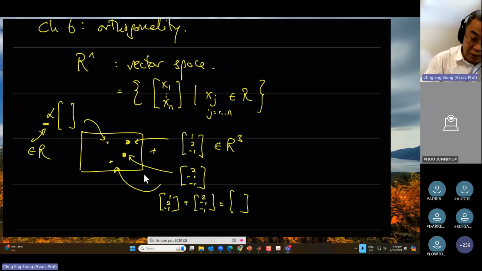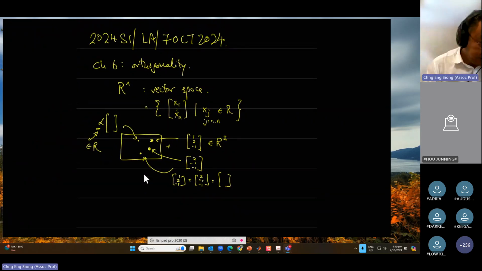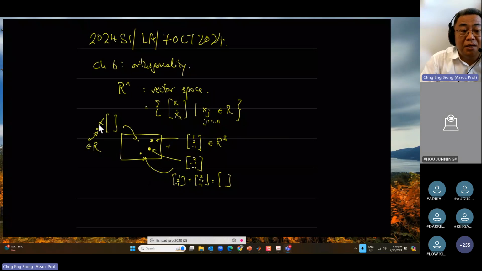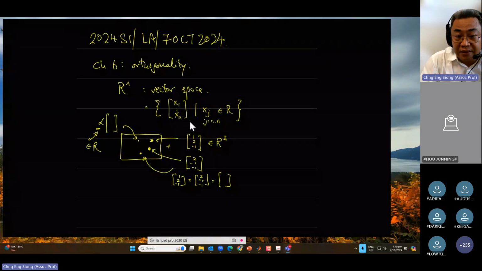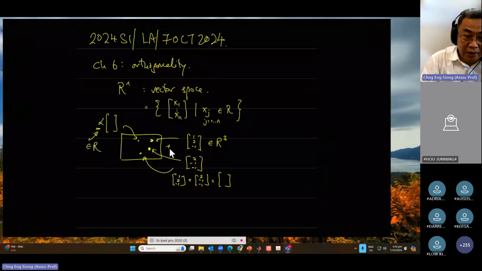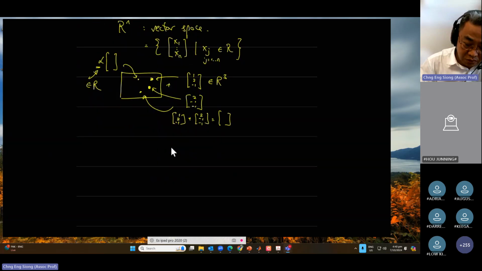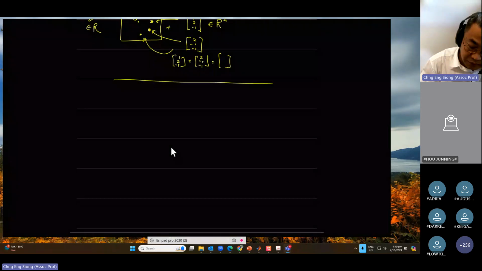So this is the abstract idea of a vector space. And with that introduction, we can do a lot with it. We can do linear combinations because we are scalar multiplying a vector, and we are adding vectors up. Okay, but what else do we want to do with vector space?